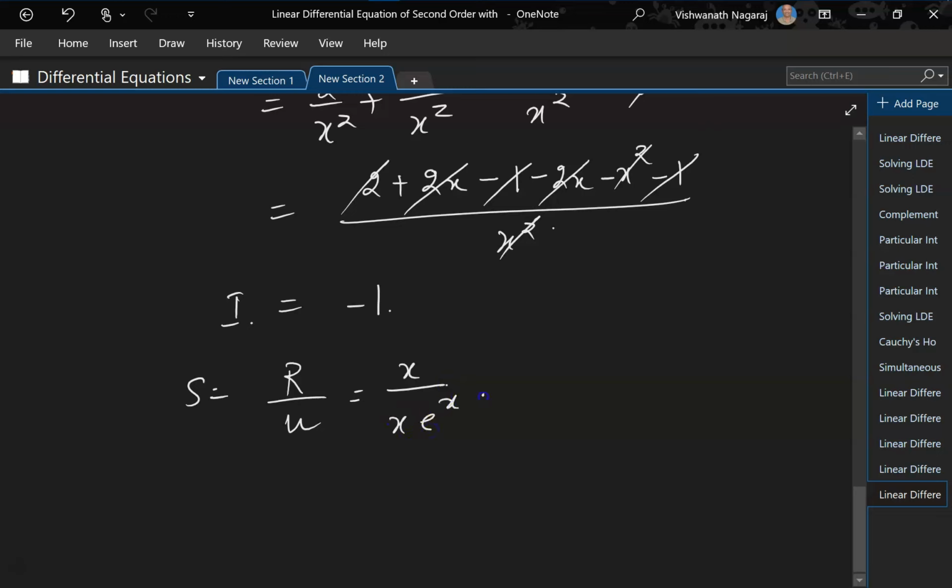x e to the power of x. This can be written as x cancel out. e to the power of x can be brought up, so it becomes e to the power of minus x.